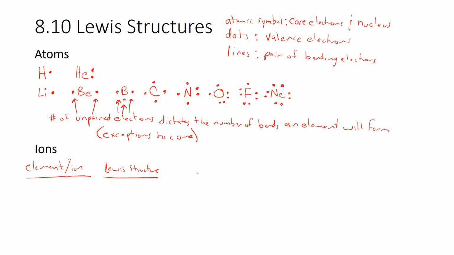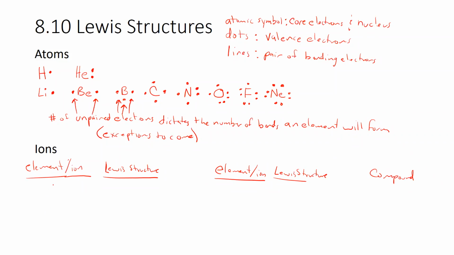So there's the Lewis structure. We'll do the Lewis structure of a couple of them. I'll do two examples here so you can see how these go. We're going to start with a cation and then we'll go to an anion. And then we'll put these together in a little bit as a compound.